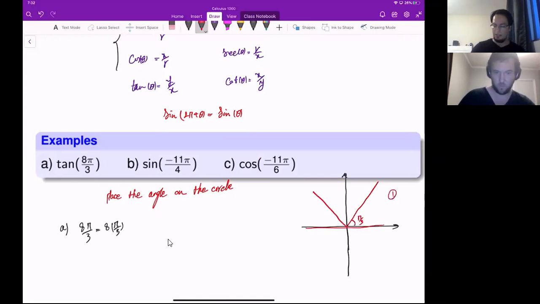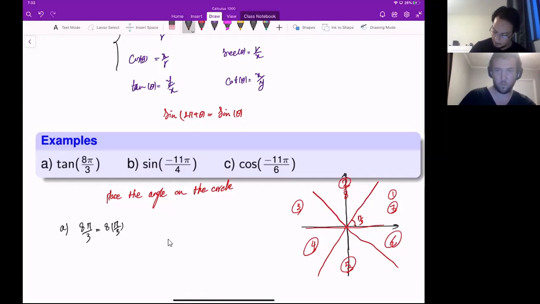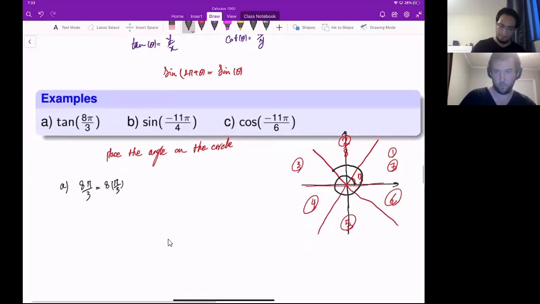Now you have 1, 2, 3, and then go here 4, 5, 6, then 7, and then 8. In other words, my angle starts from here, goes around once, and then comes back and hits this line here. Okay, now let me just erase a little bit of this.